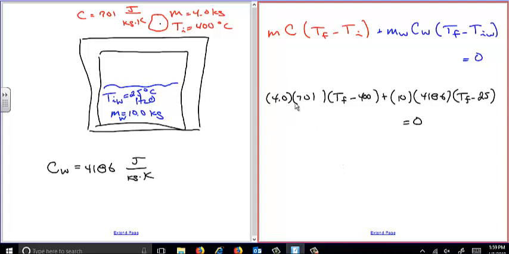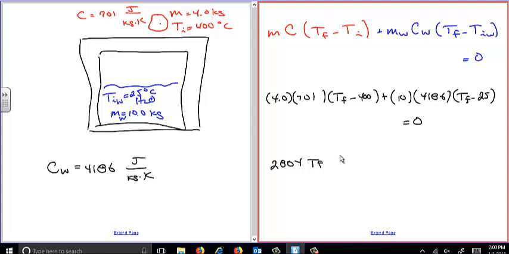So you're going to multiply these two numbers together. 4 times 701. So you get 2,804 T sub F, these three things together. And then you multiply 4 times 701 times 400.